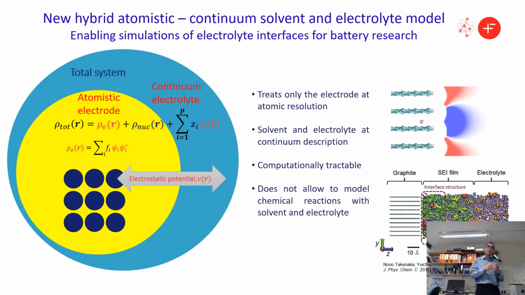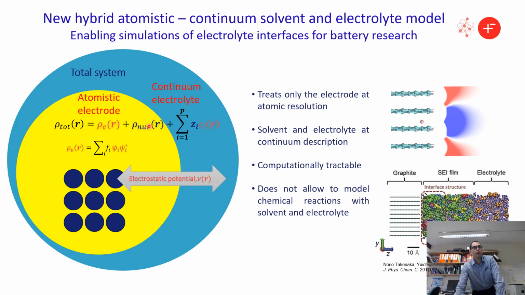So our work here has been focusing on taking these accurate calculations and embedding them into electrolytes, so developing a hybrid atomistic continuum solvent and electrolyte model. So it will allow the calculations to happen in the environment of a battery material.